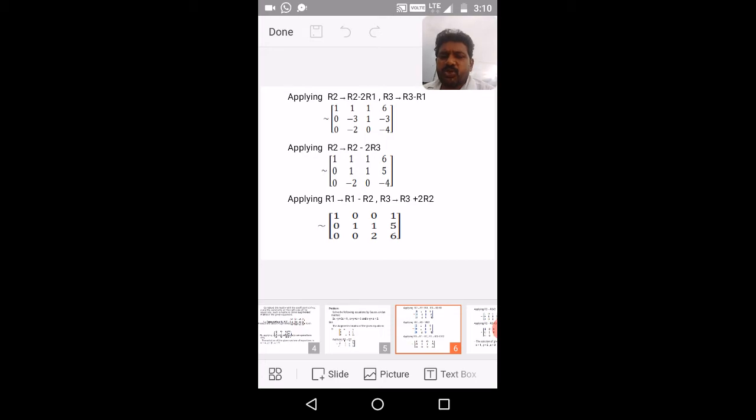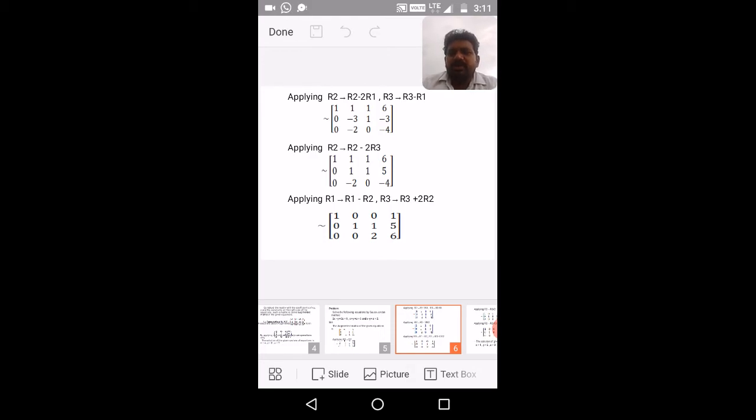Next R3 plus 2R2: 0 plus 0 is 0, minus 2 plus 2 is 0, and 0 plus 2 is 2, minus 4 plus 10 is 6. Okay, so by taking these two operations, finally we arrived at 1 0 0 1, 0 1 1 5, 0 0 2 6.